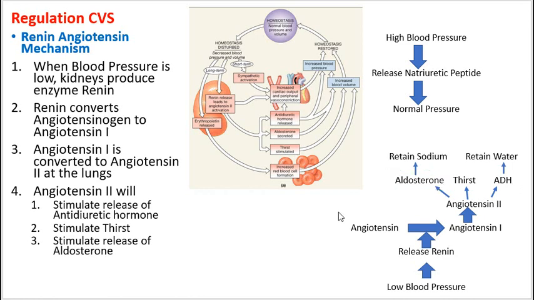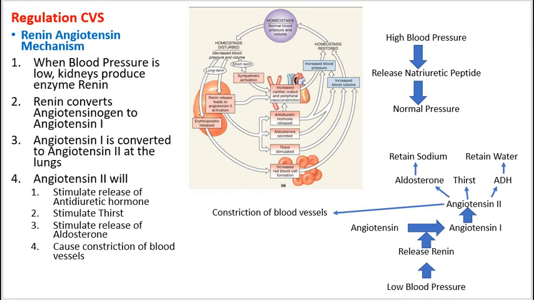What aldosterone does is increase retention of sodium. Again, because sodium is salt, the more sodium is retained, the more water is going to follow it, and water is going to be retained too. And the final action is constriction of the blood vessels, which increases the pressure.